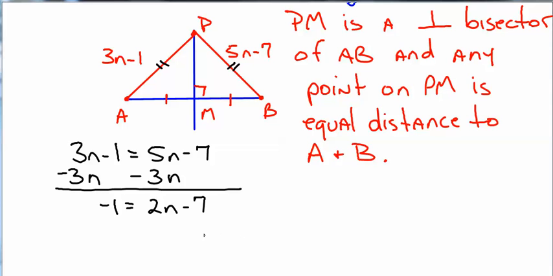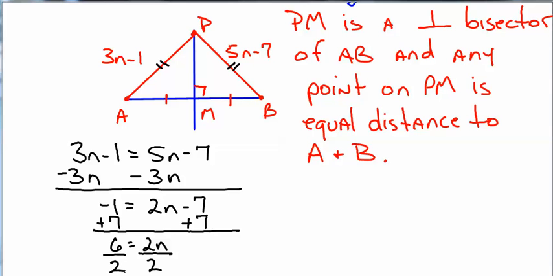Danielle? Good. Add 7 to each side. 6 equals 2n. And then, Andrew? Very good. Divide by 2. So 3 would equal n.